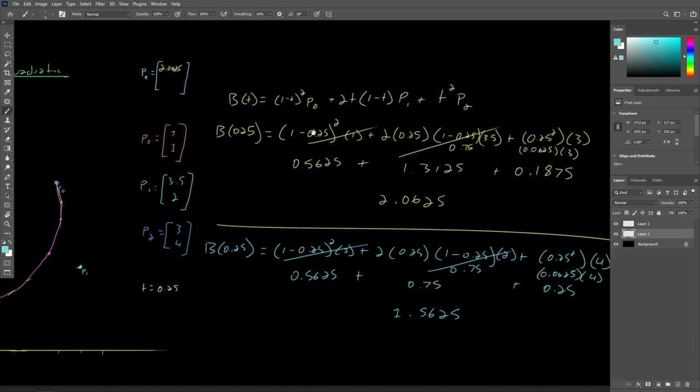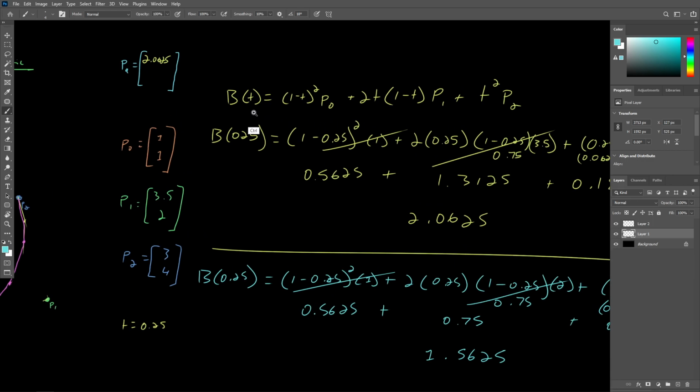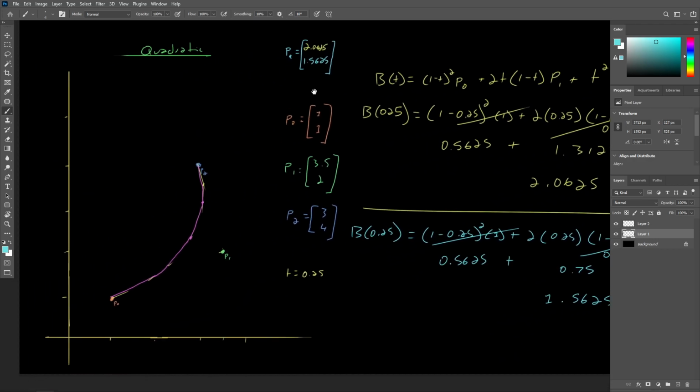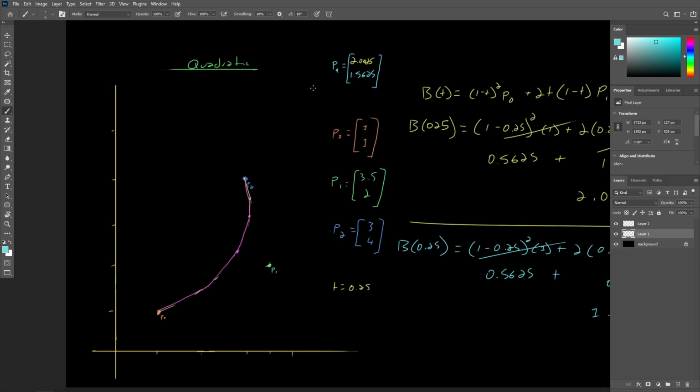All right, so let's put that in here for the y component. That is a 1.5625. Fantastic.